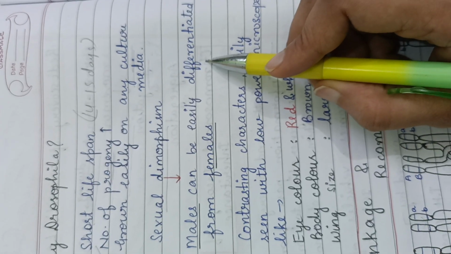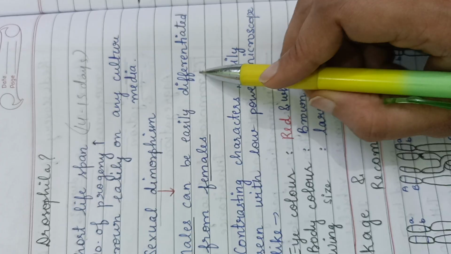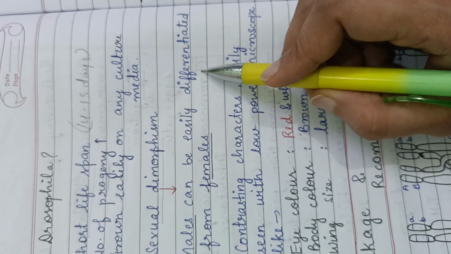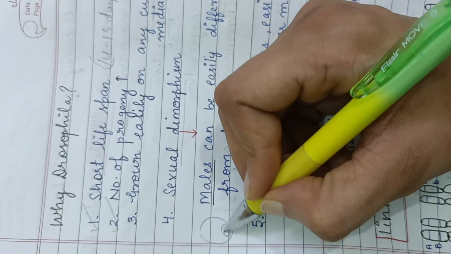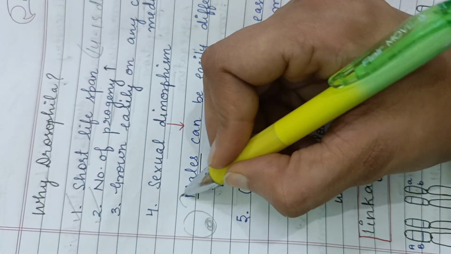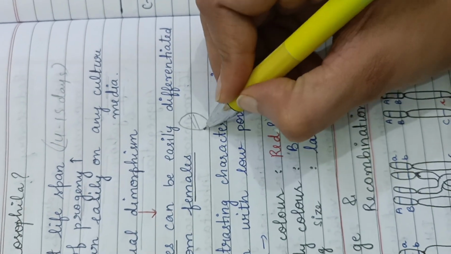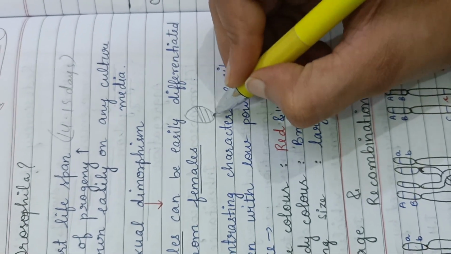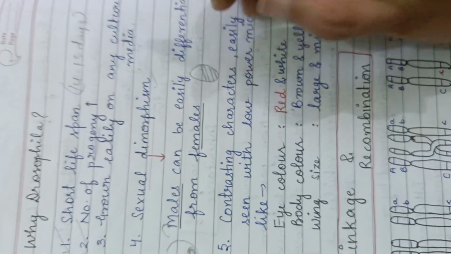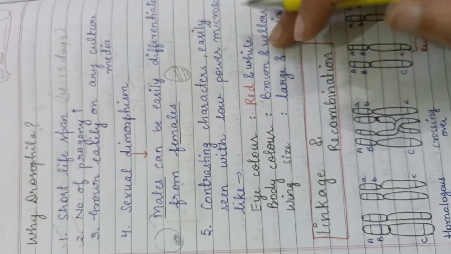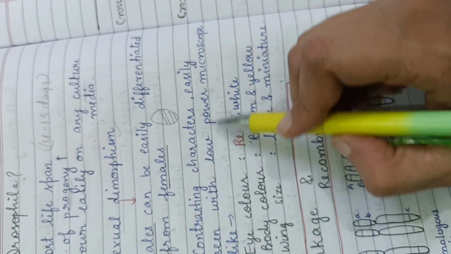The female is larger and the male is smaller. Males have a solid tip on the abdomen, and in females, there are stripes on the abdomen. So we can easily identify them. So this term is known as sexual dimorphism. Fifth is contrasting characters easily seen with a low power microscope.